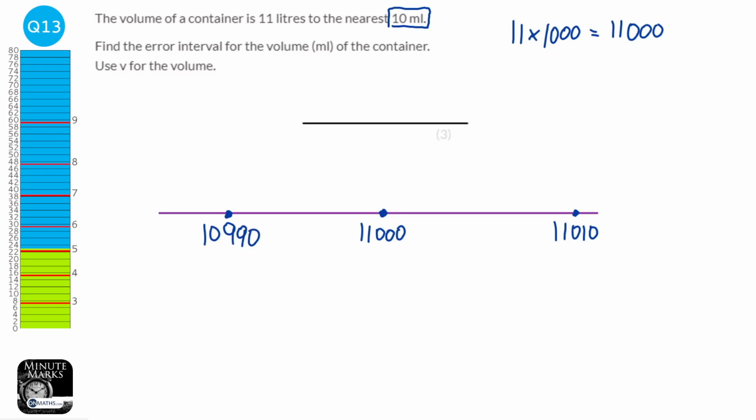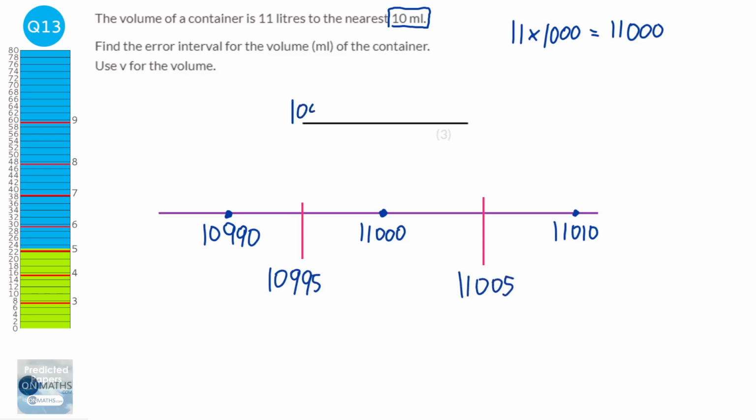Now, when we're looking at limits with the upper and lower part of it, we are looking at halfway points. So halfway here and halfway here. So this halfway point will be 10,995, and the next one will be 11,005, and that's the halfway points.